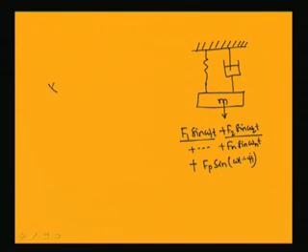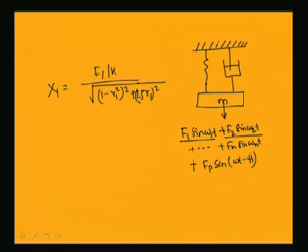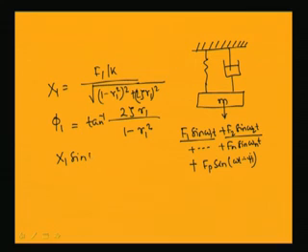So, in this case x1 can be written as F1 by k root over (1 minus r1 square) whole square plus (2 zeta r1) square, and this phi 1 will be equal to tan inverse of 2 zeta r1 by 1 minus r1 square. So, for the first force the response is X1 sin omega 1 t minus phi 1.